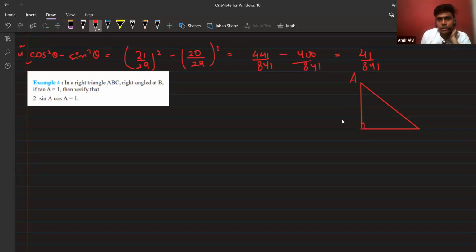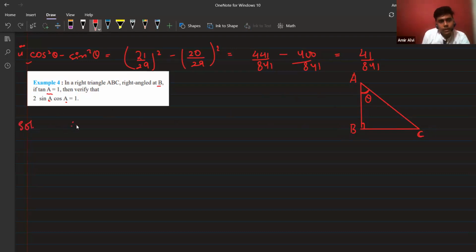Suppose this is A, triangle ABC, with a right angle at B, and C. As you can see, all the ratios are having theta at A. So this is our theta. Is it or not? Yes, sir. Okay. So in this example, the solution is here.